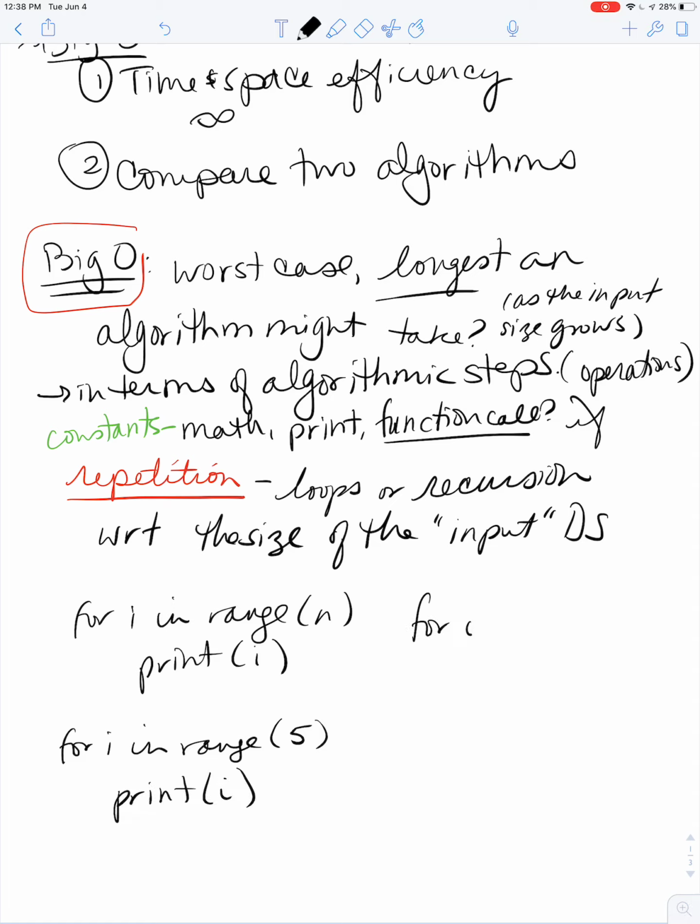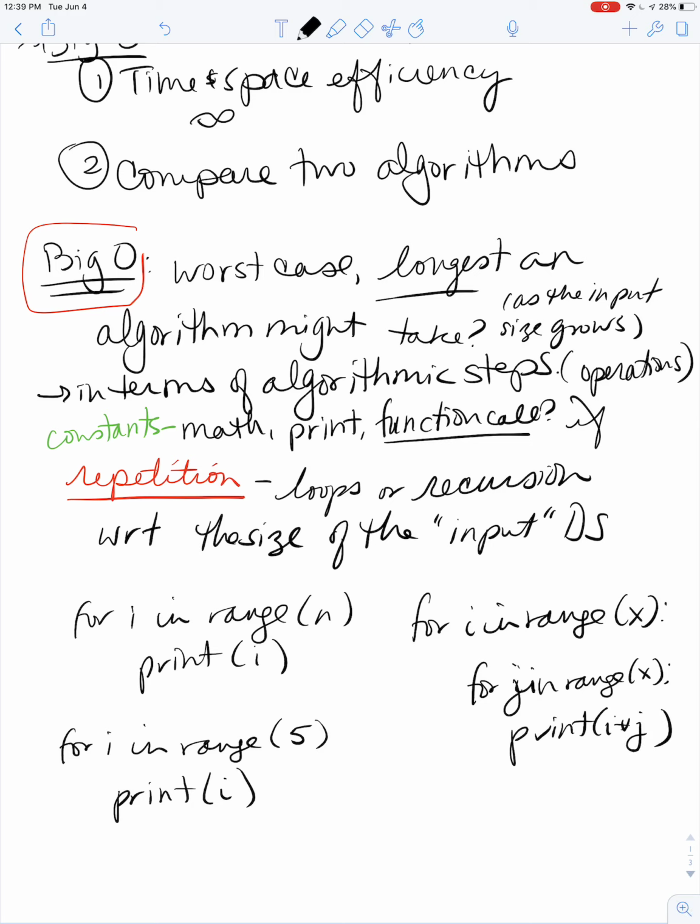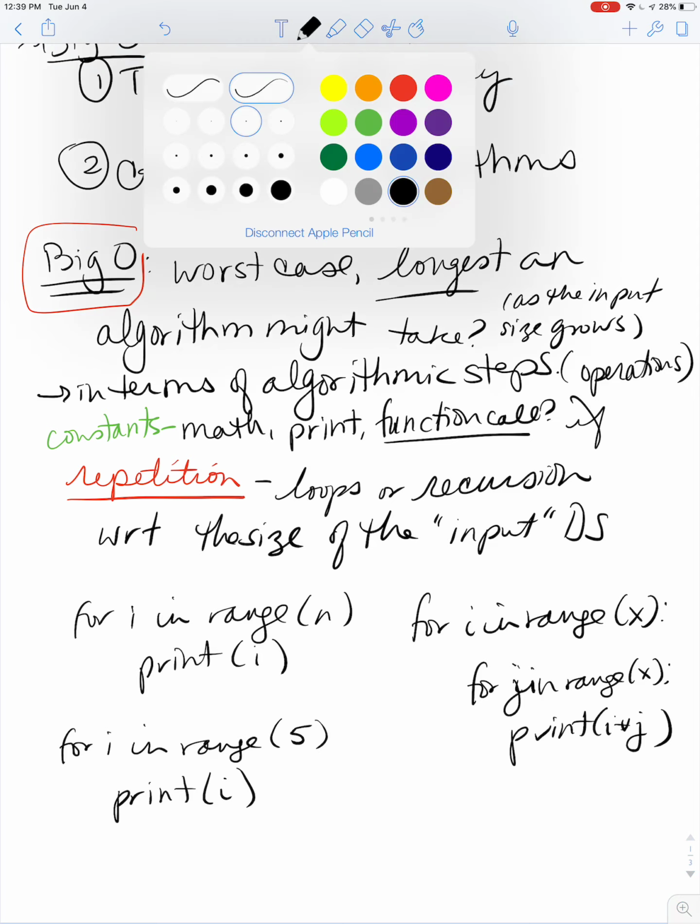And then lastly, for i in range x, for j in range x, print i times j. So I made the second i a j. Okay, so we've got three different functions here, and we want to think about what the big O looks like for these.